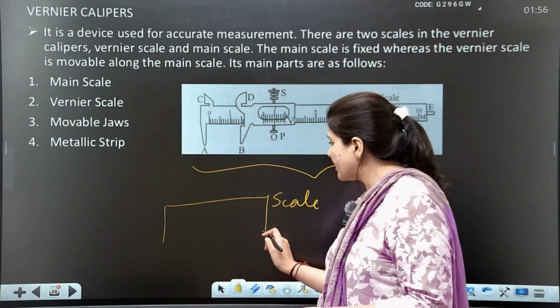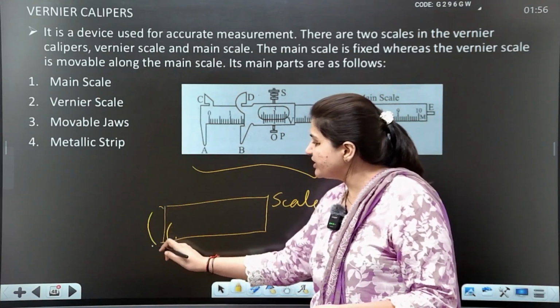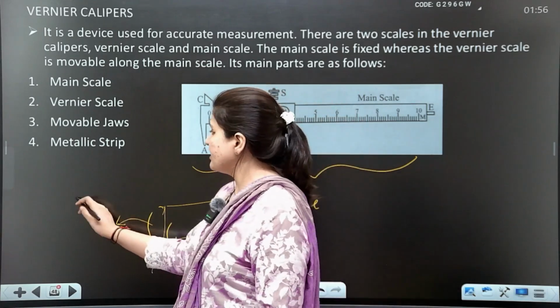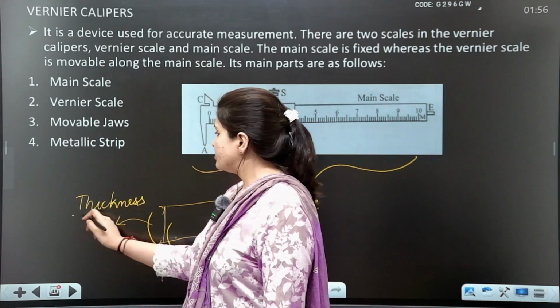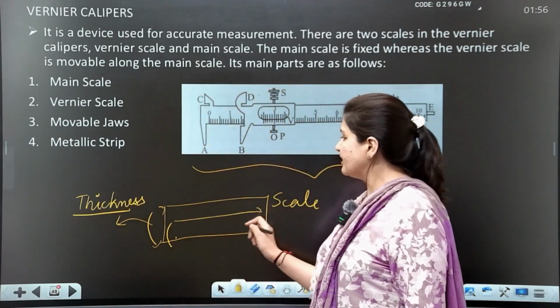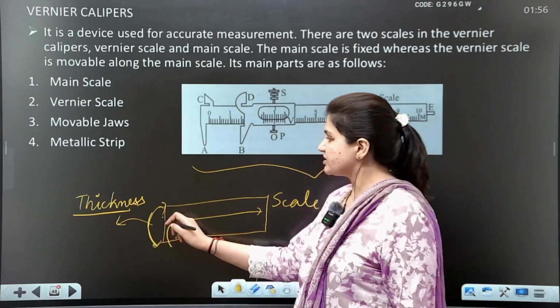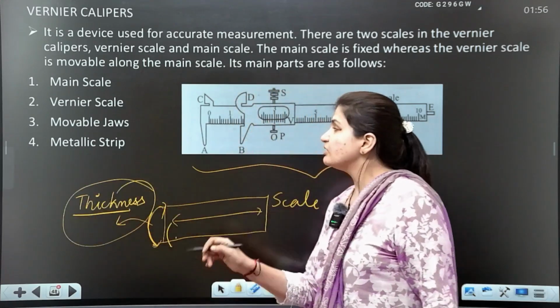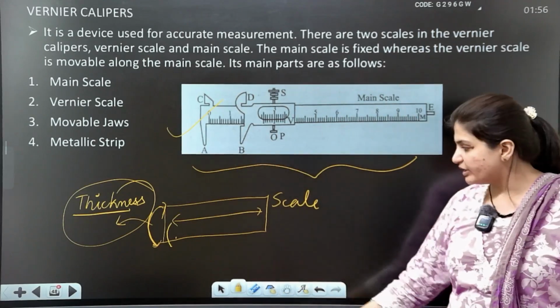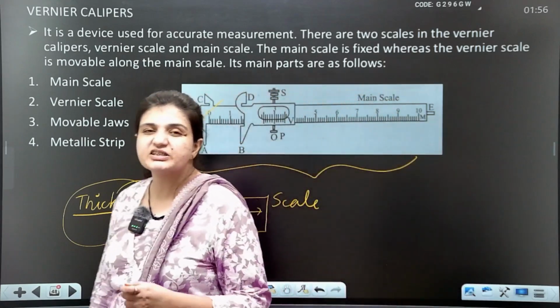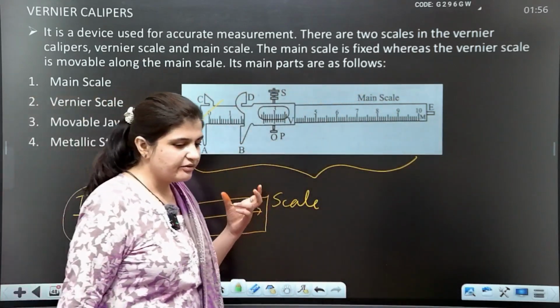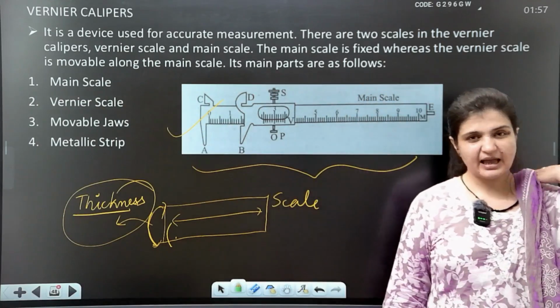If we have a scale and we have to measure its thickness, what do we use? We use the vernier caliper. To measure the thickness of this scale, we use the vernier caliper.